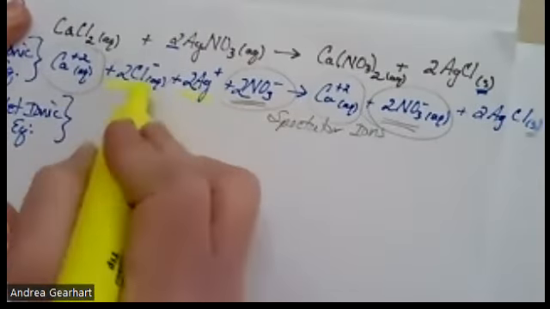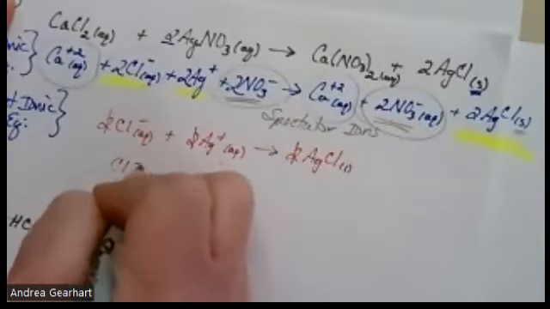What is chemically transformed is the two chlorides. When they meet the two silver ions, we make two silver chloride insoluble solid particles. So the net ionic equation is free of spectator ions.